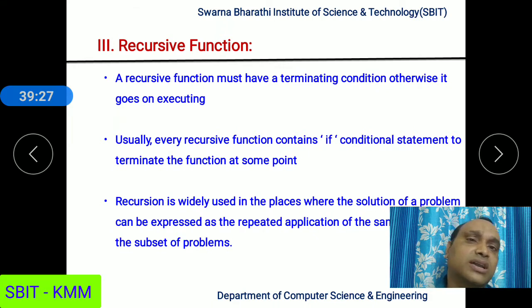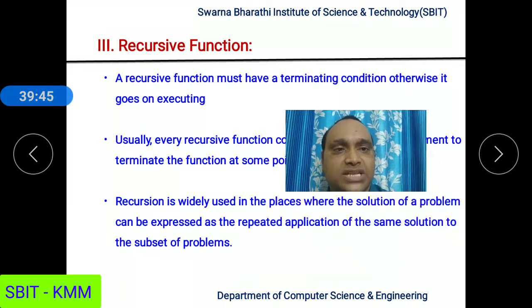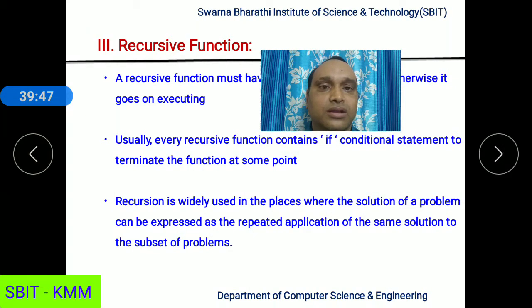Otherwise, it goes on executing, because it is making a call to itself. Usually, a recursive function contains an if conditional statement to terminate that function at some point. Means at some point of call, that function is going to be terminated.